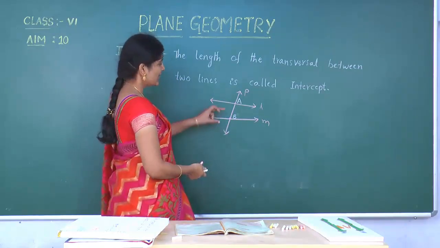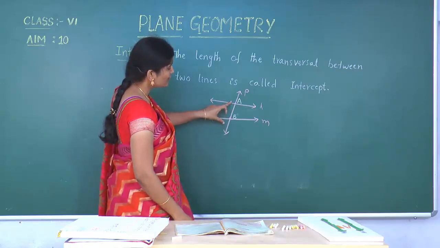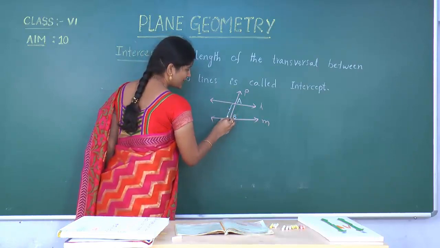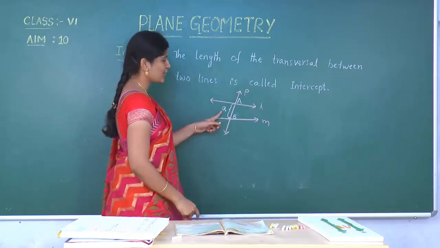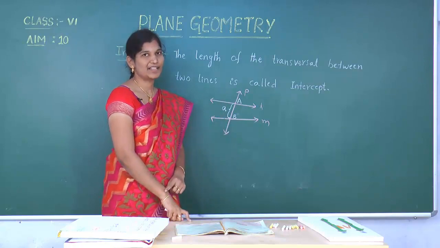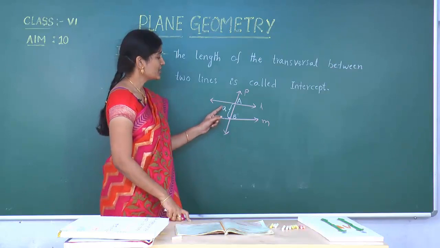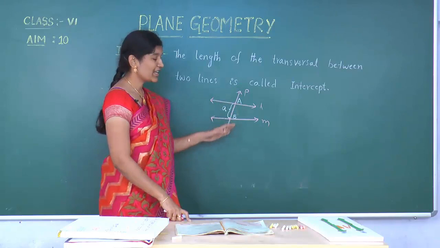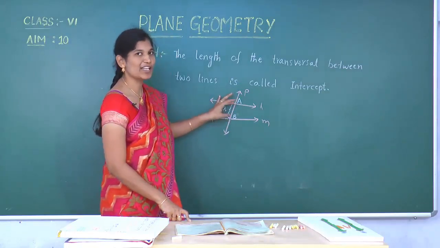Intercept is nothing but the length of the transversal between these two lines, and this portion is called the intercept of this transversal. Can we take the full length? No. The length of the transversal between these 2 points only.